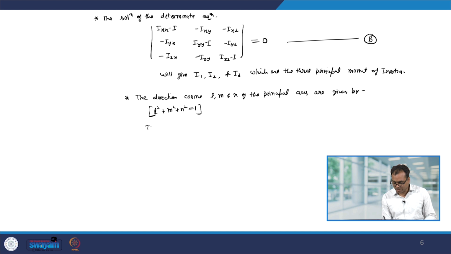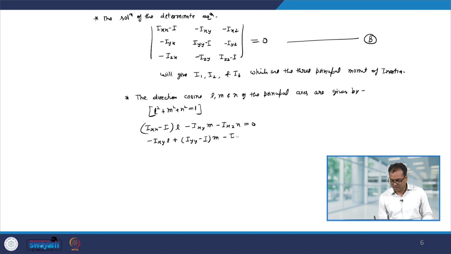Also we have Ixx minus I into L minus Ixy into M minus Ixz into N equal to 0; minus Ixy L plus Iyy minus I M minus Iyz into N equal to 0; and minus Izx L minus Izy M plus Izz minus I into N equal to 0. Let me call this equation number C.